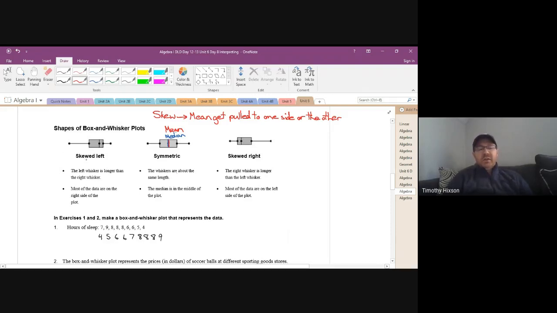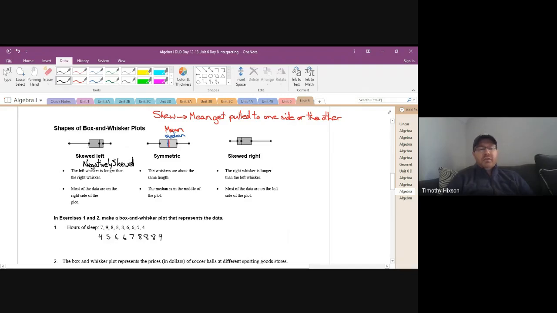Okay, so then we have values that are skewed left, or another way we could say this is that they are negatively skewed. It's just another term for the same thing.